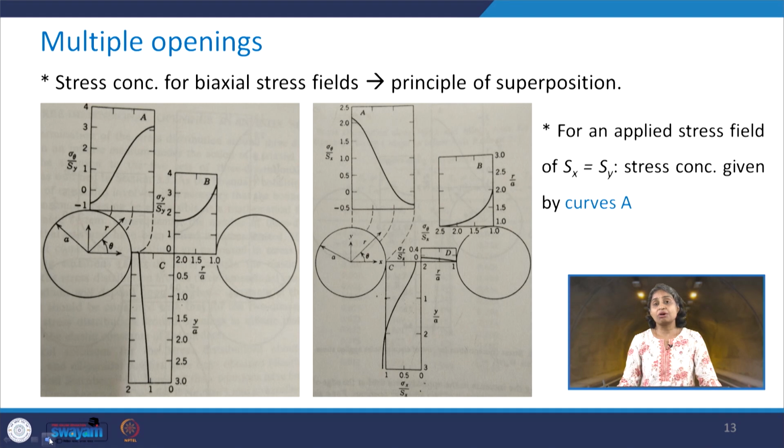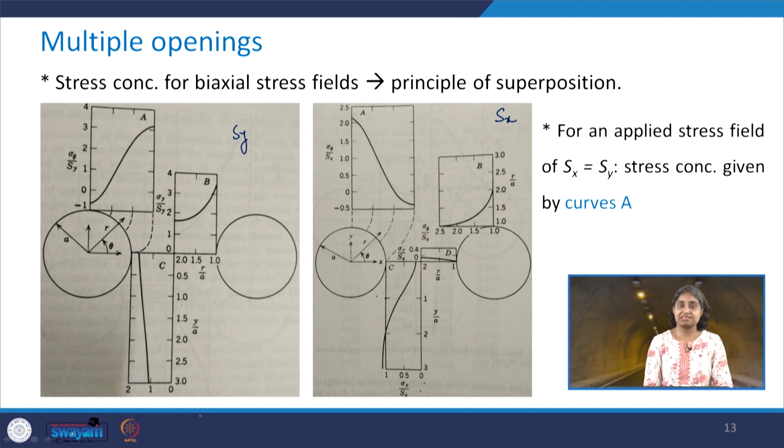So kindly keep this in mind. Now, the stress concentration for a biaxial stress field: as of now we discussed when Sy is present, and in this case when Sx is present. In case you have the biaxial stress field, that means both Sx and Sy are present, and say for example these two are equal, then these stress concentration factors can be given by the curves A, that is, curve A in this case and curve A in this case.